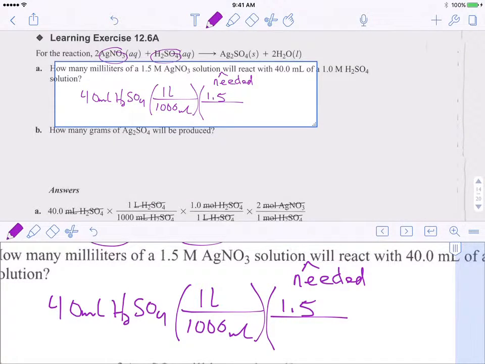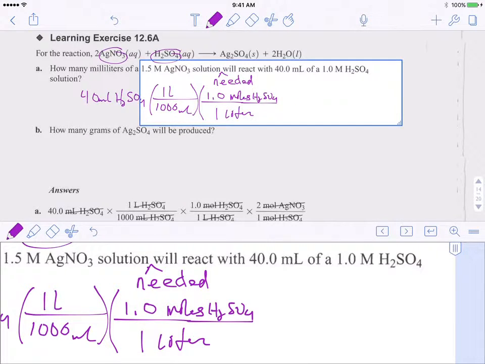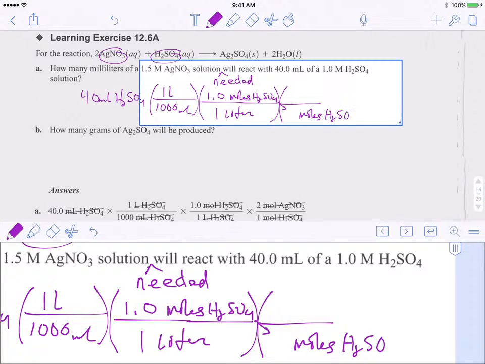Oh, I lied. 1.0 moles H2SO4 divided by 1 liter. Okay, now what unit goes down here? Moles H2SO4. Now how many moles?